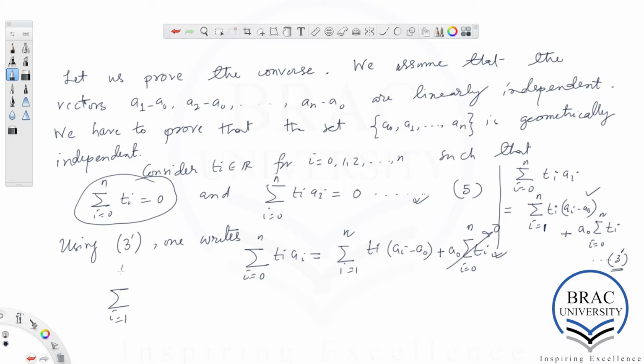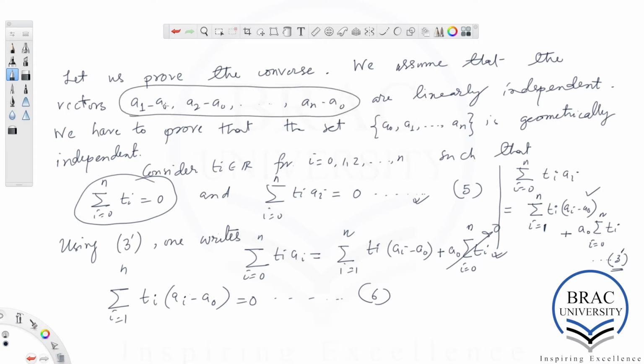So the sum of all the terms like ti times ai minus a0 is equal to 0. This is our equation number 6. Now, according to the hypothesis, these n vectors are linearly independent, right?